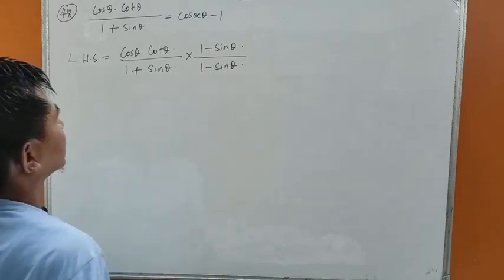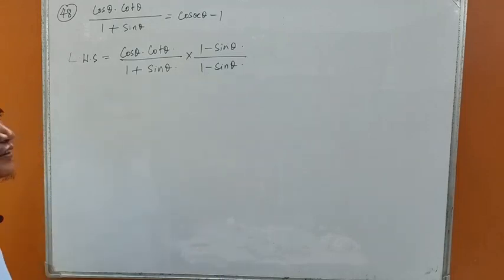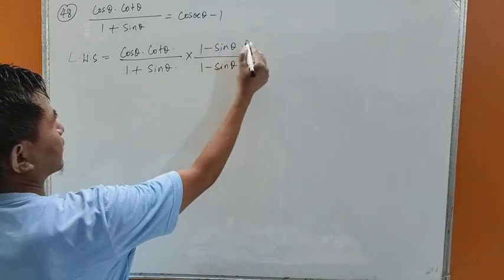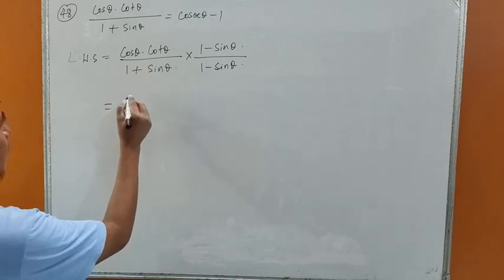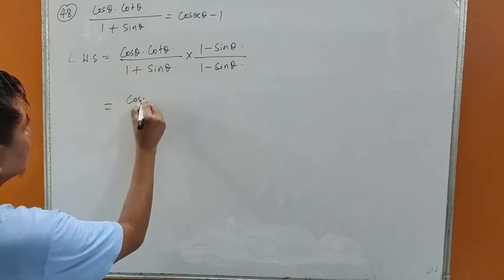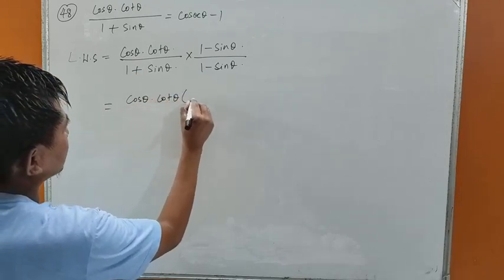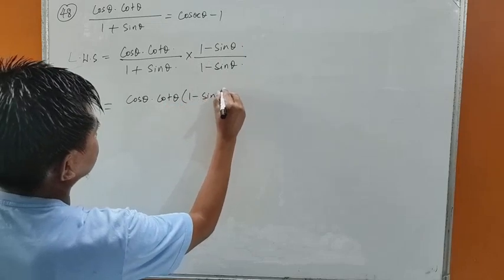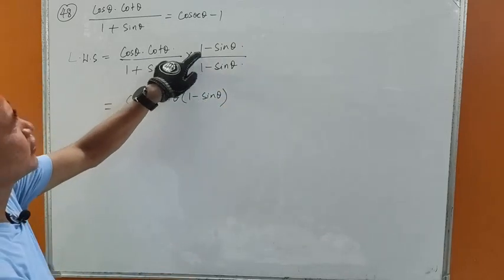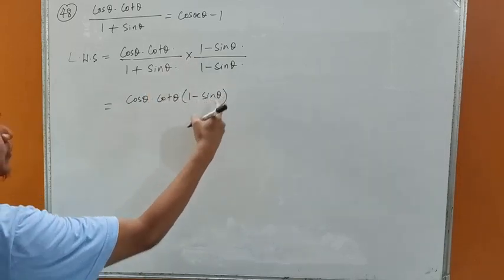While doing this, the value of this expression does not change because this number and this number can be cancelled, isn't it? 1 minus sin theta and 1 minus sin theta can be cancelled. So in the numerator we have cos theta into cot theta into 1 minus sin theta. Are you getting me? Cos theta cot theta into 1 minus sin theta. Here bracket means into.